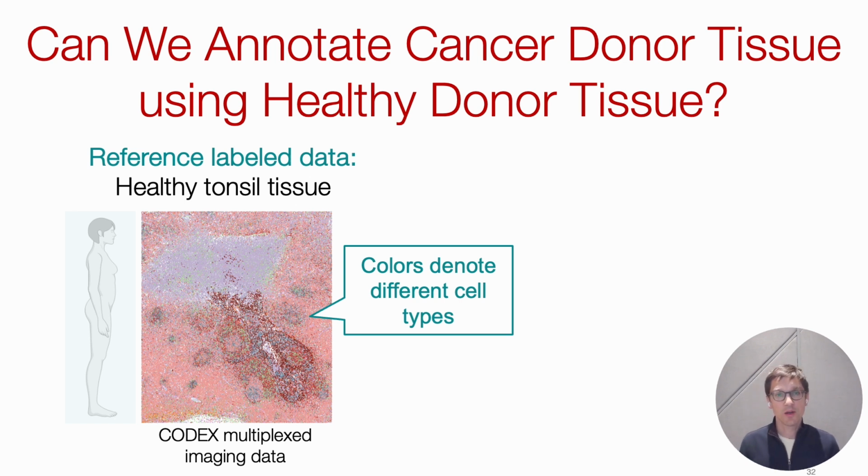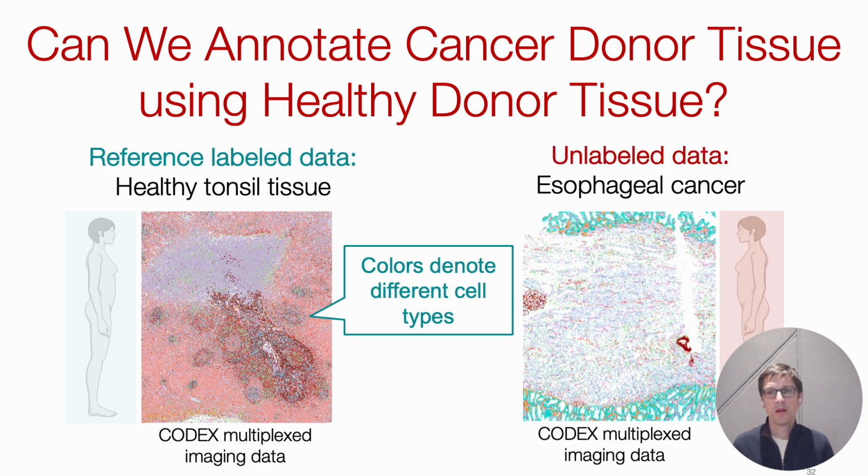Just to give an idea, I'm showing you the ground truth labels obtained through Codex multiplexed imaging data. Every dot is a cell, and every color represents a cell type. This is the reference for a healthy human. And here on the right hand side, you see the unannotated, unlabeled tissue.